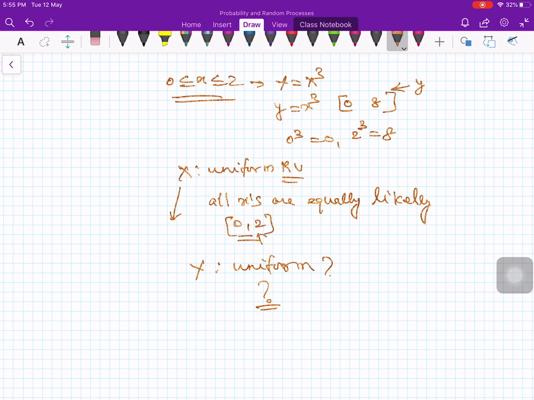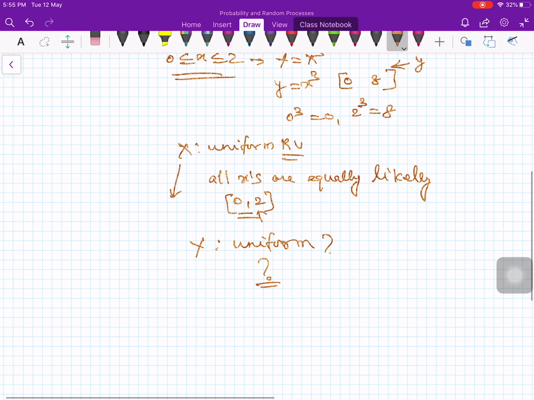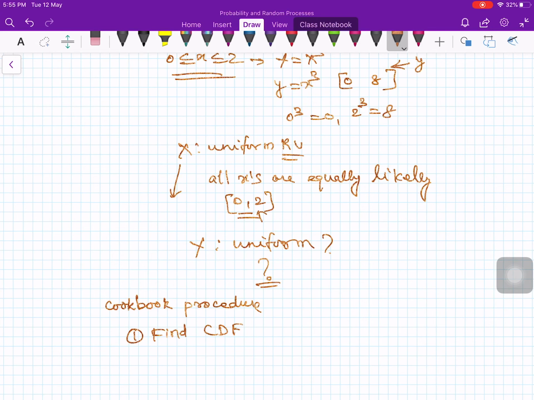Let us start by applying the cookbook procedure. What is the cookbook procedure? First, find the CDF, the cumulative distribution function of y. Then the second step is to take the derivative with respect to y.